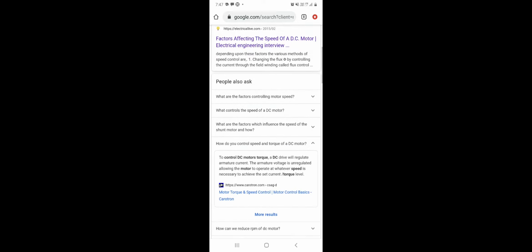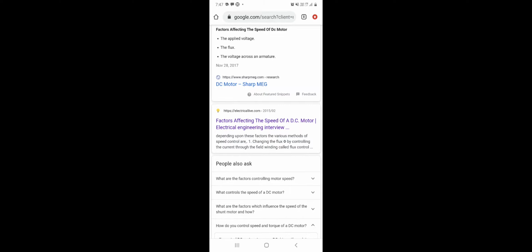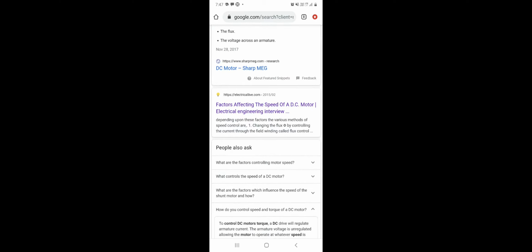So we have to search Google for the factors affecting speed control of DC motor and give some examples. Then we will understand the different authors and their different styles, and note it down. But every professor and every lecturer says the same methods: the armature control method, flux control method and voltage control method.